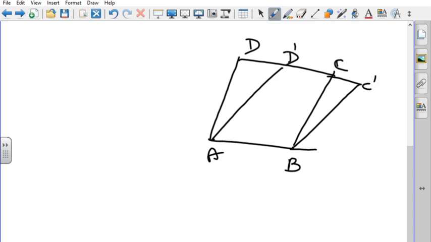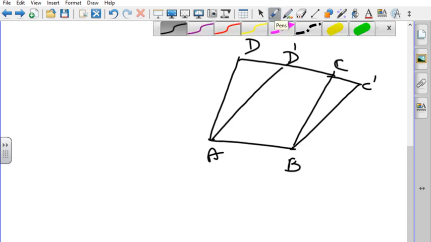So ABCD is one of the parallelograms and the other parallelogram is A, B, C dash, D dash. Now we have to prove that the two parallelograms are on the same base AB, and between the two parallels AB and CD, it is given. Now we have to prove that the area of both the parallelograms are equal.